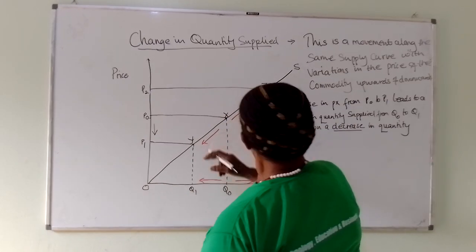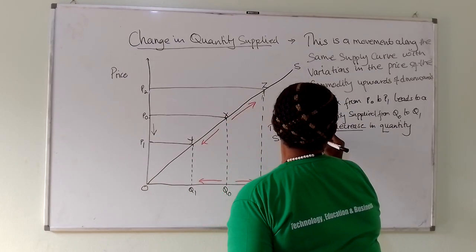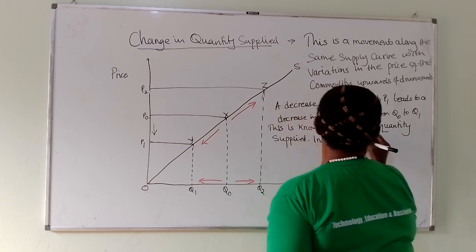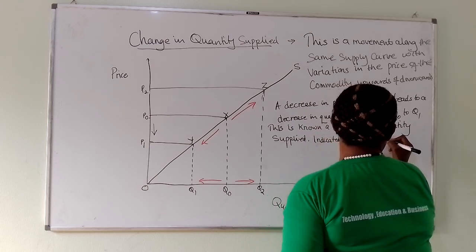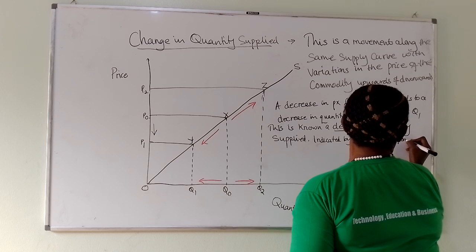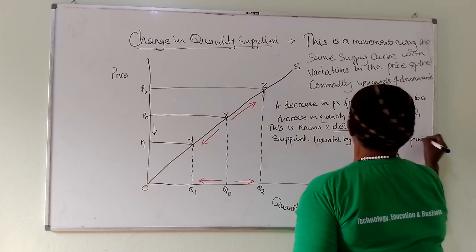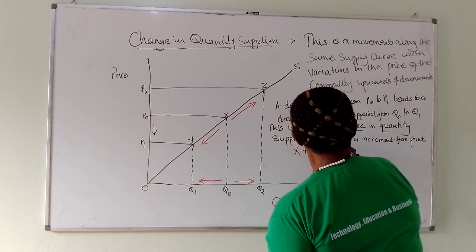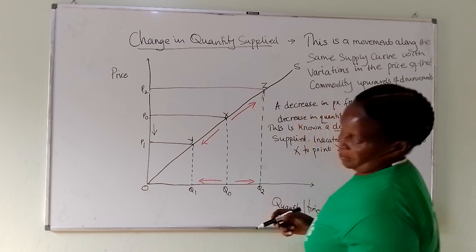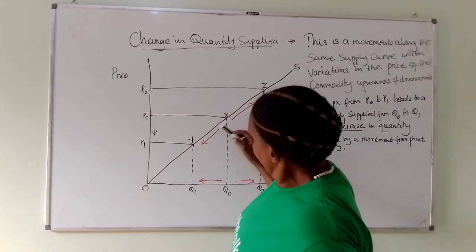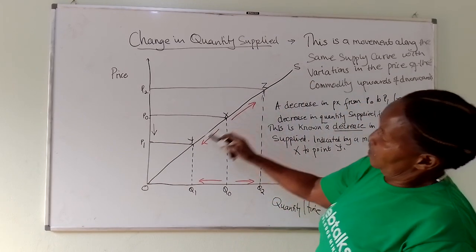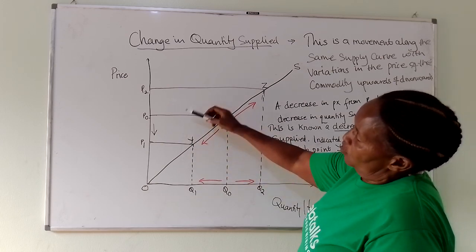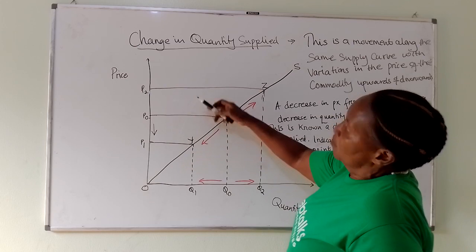And it is indicated by a movement from point X to point Y. It is indicated by a movement from point X to point Y, and we are still moving along the same supply curve simply because we are only having a change in the price of the commodity.